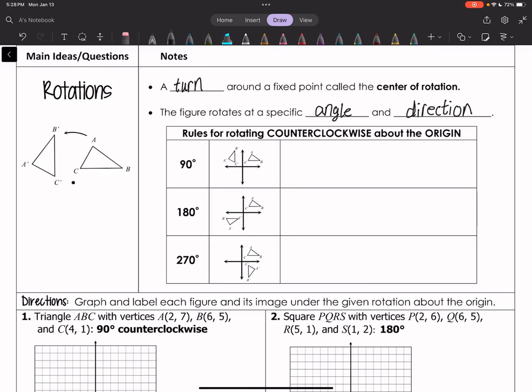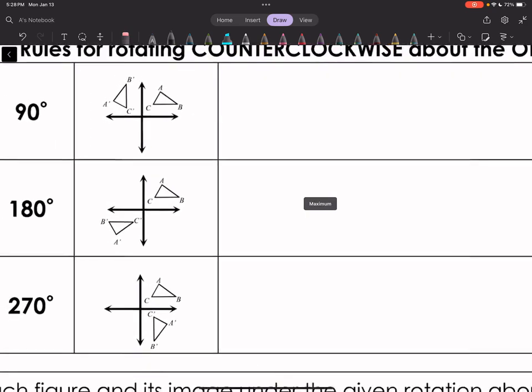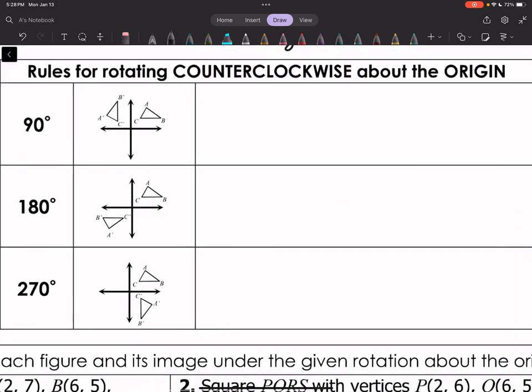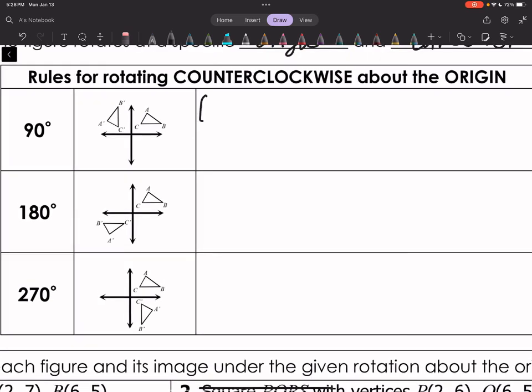So, for the rules for rotating counterclockwise about the origin, if I'm given the initial pre-image, I can take any point in the XY coordinate to get the figure after rotating.